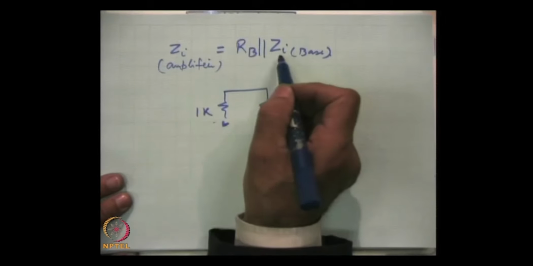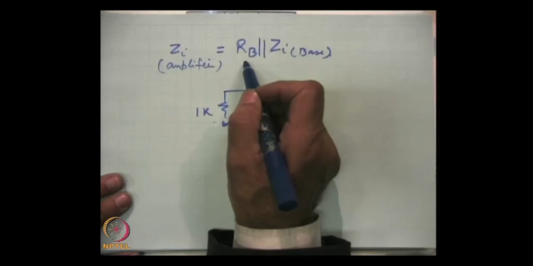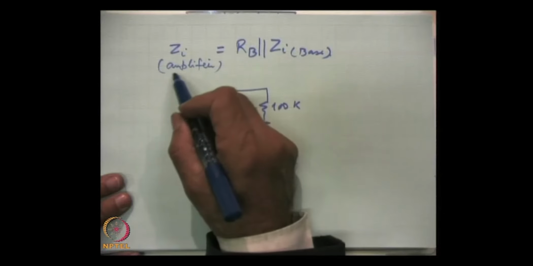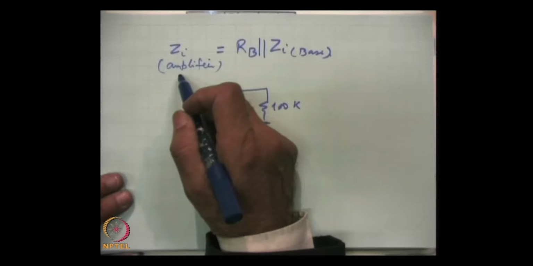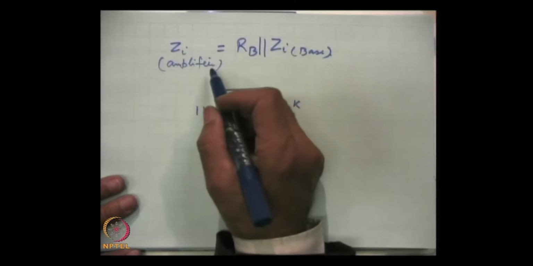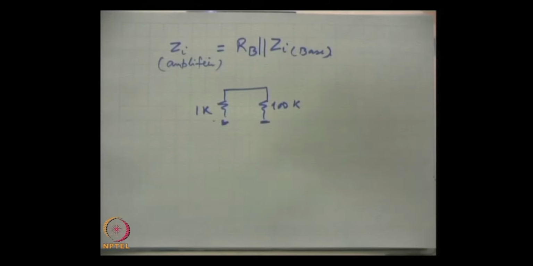So, Z I base should be high and R B we can also use high, then the effective value of the input impedance of the amplifier will be high. Here one more point needs discussion. This is a very finer point, and I think you must learn that also.